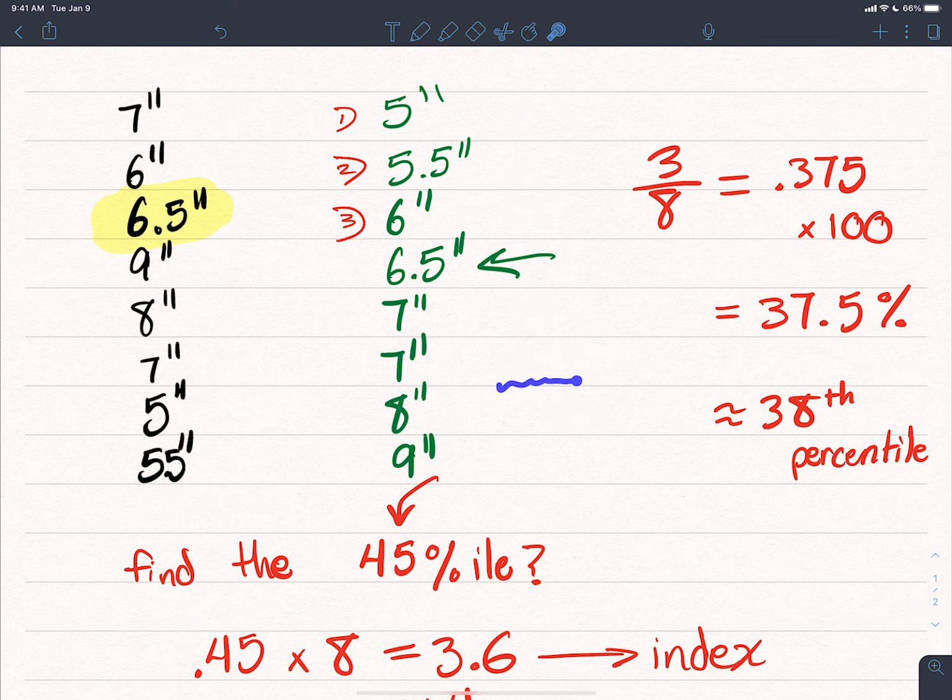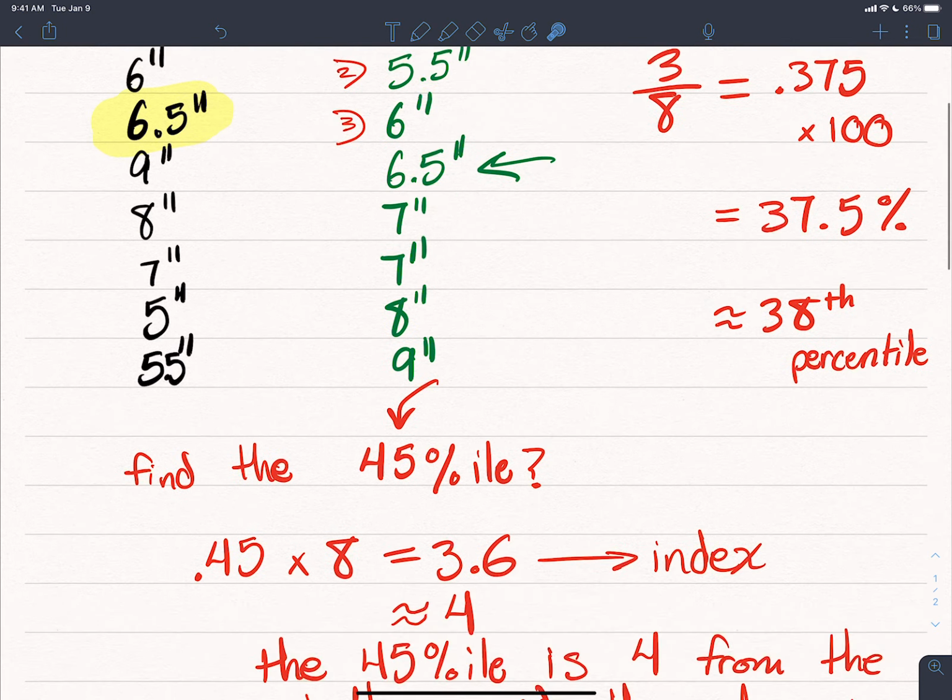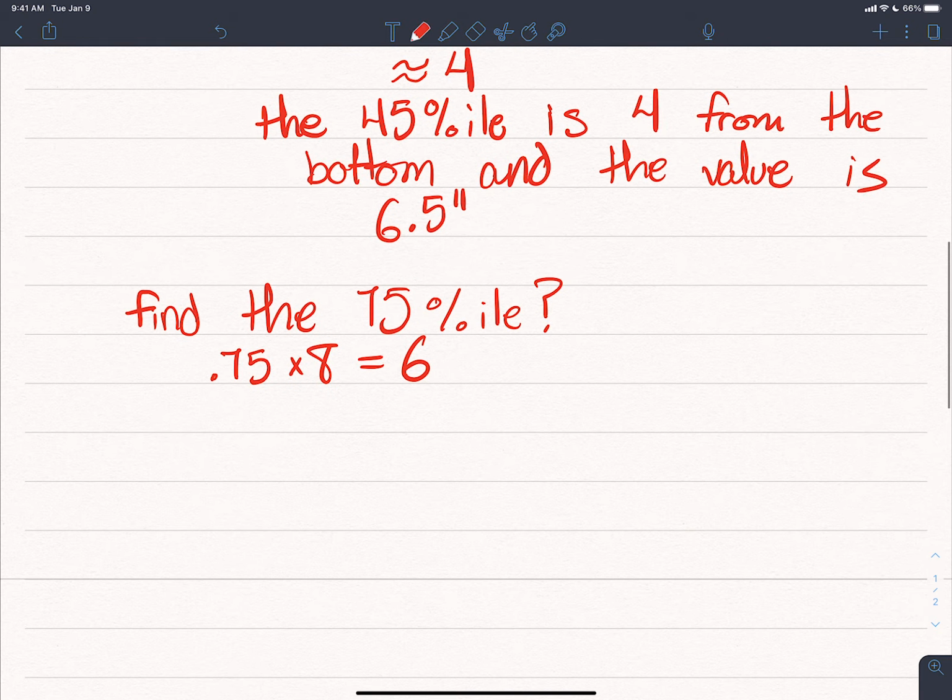It's that space that's right in the middle between these two. That makes our kth percentile. So we have 7 and 8, and we need to average them. So we're going to do 7 plus 8 over 2, and we'll get 7.5 inches. And that is the 75th percentile in this case.